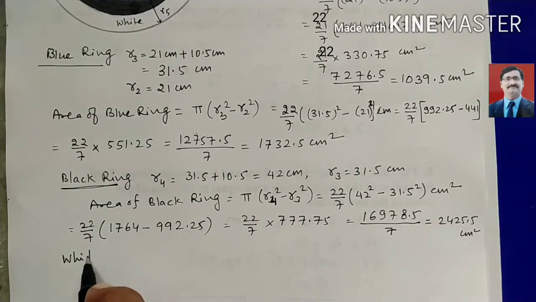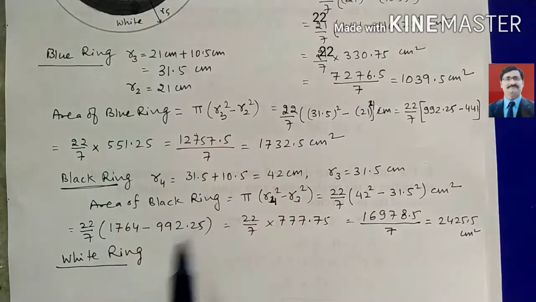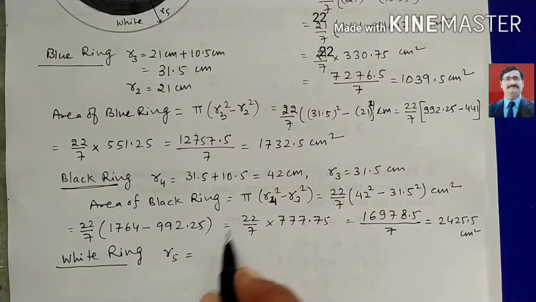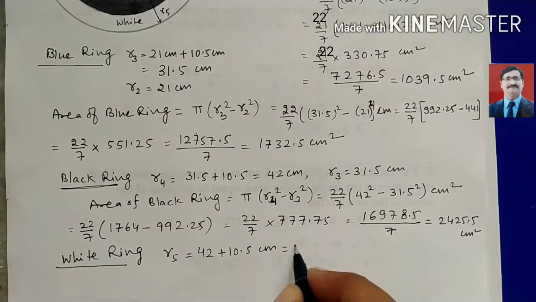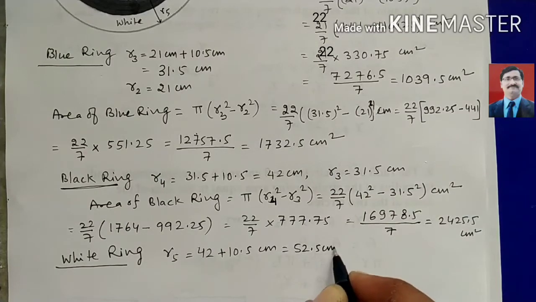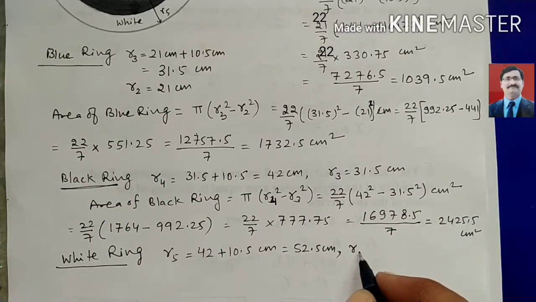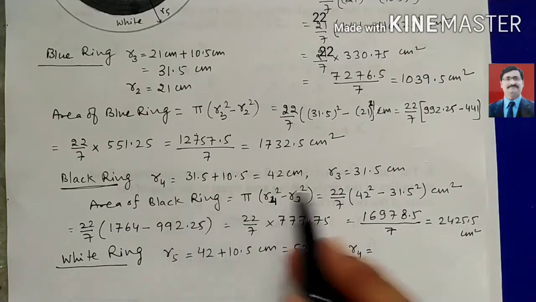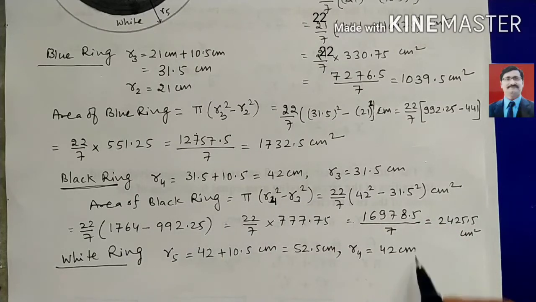So we can write here the white ring. The outer radius is R5, which is equal to 42 plus 10.5 centimeter, so we get 52.5 centimeter, and the inner radius is R4, which we already know is 42 centimeter.